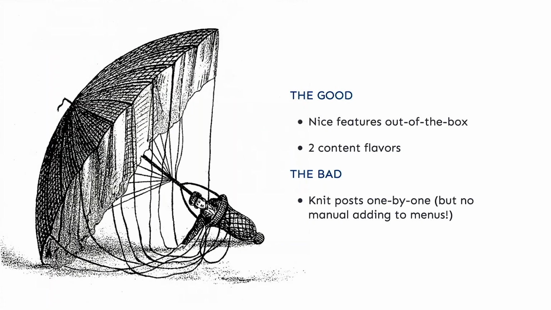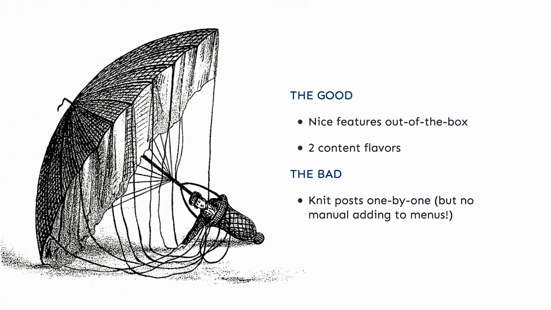So with that, we've covered 2 R Markdown tools, and there's just a couple points I want to highlight about Distill before we move on to the next tool. Really nice things about Distill are that you have these really great design features out of the box. You have 2 content flavors. You can have a regular page, but you can also have this blog-like page, which kind of just lets you show some more chronological content.